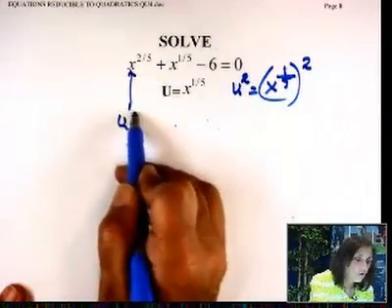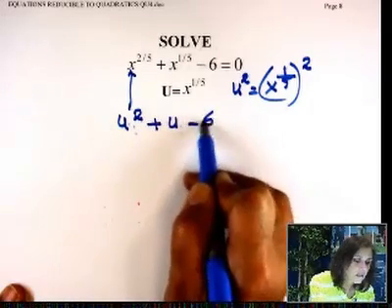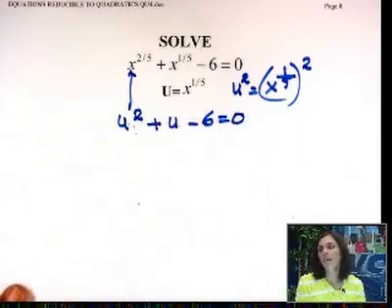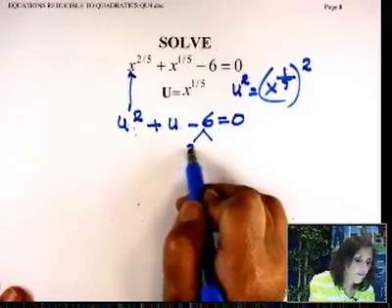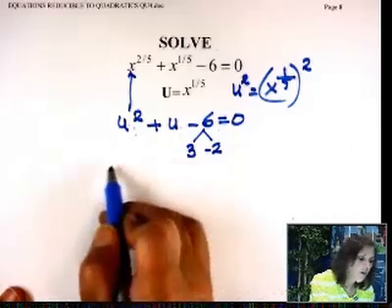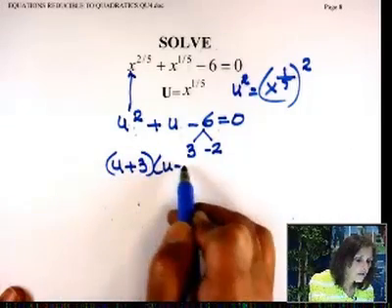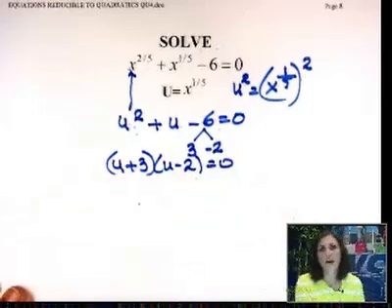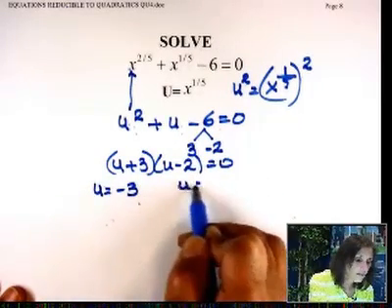That means u squared plus u minus 6. Okay, let's do it with product sum. This is the product sum of 3, negative 2: u plus 3, u minus 2. Set each factor to 0. U equals negative 3. U equals 2.